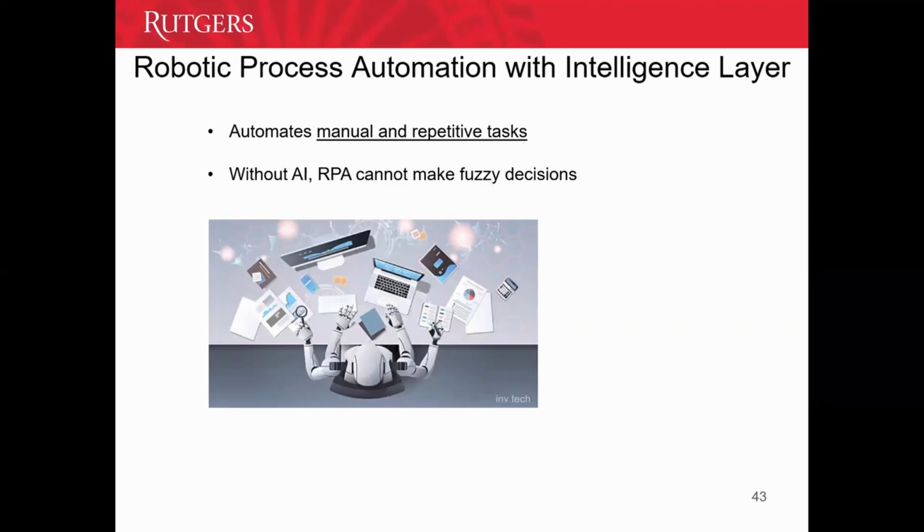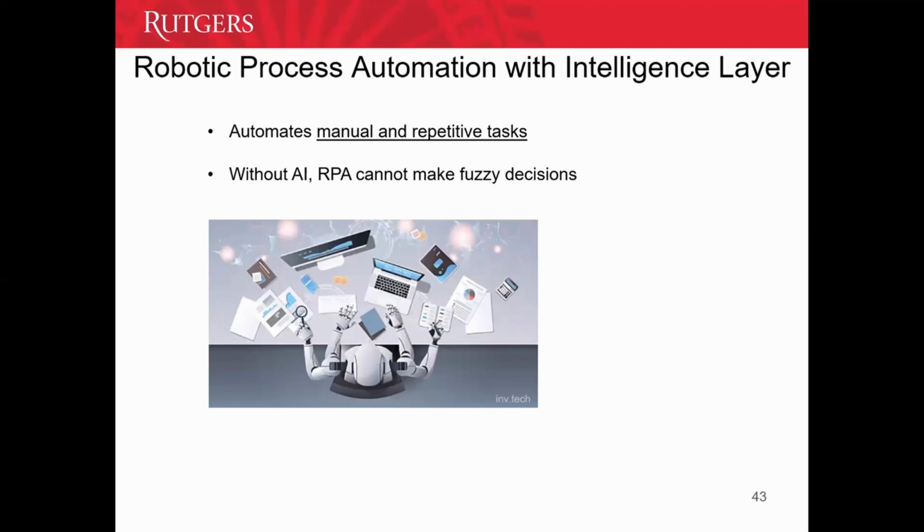So in summary, robotic process automation automates manual and repetitive tasks. Basically, these are tasks that have very clear steps as to how to perform them, where there's no need for any human decisions or any judgment. Such tasks can be easily automated using robotic process automation. However, if there is need for judgment, then there is need for an intelligence layer.